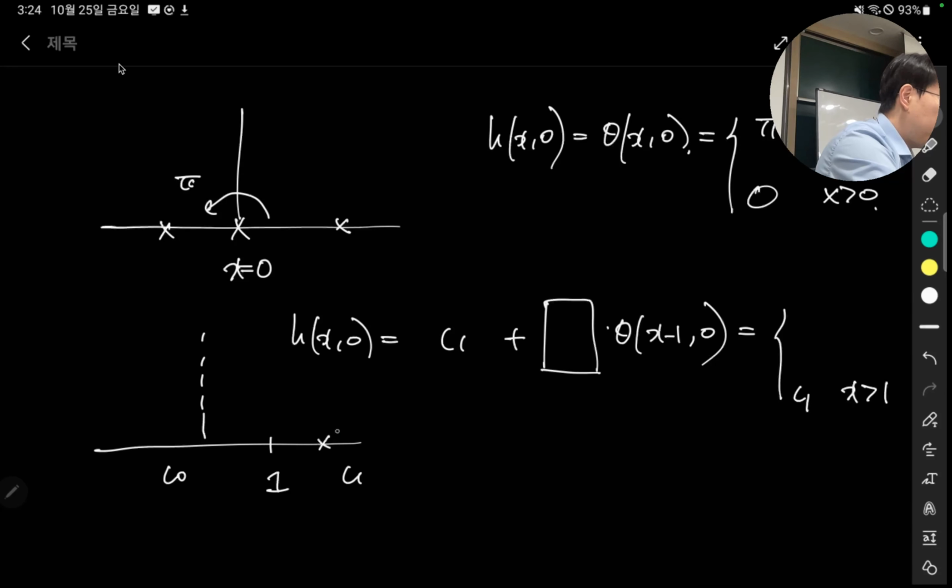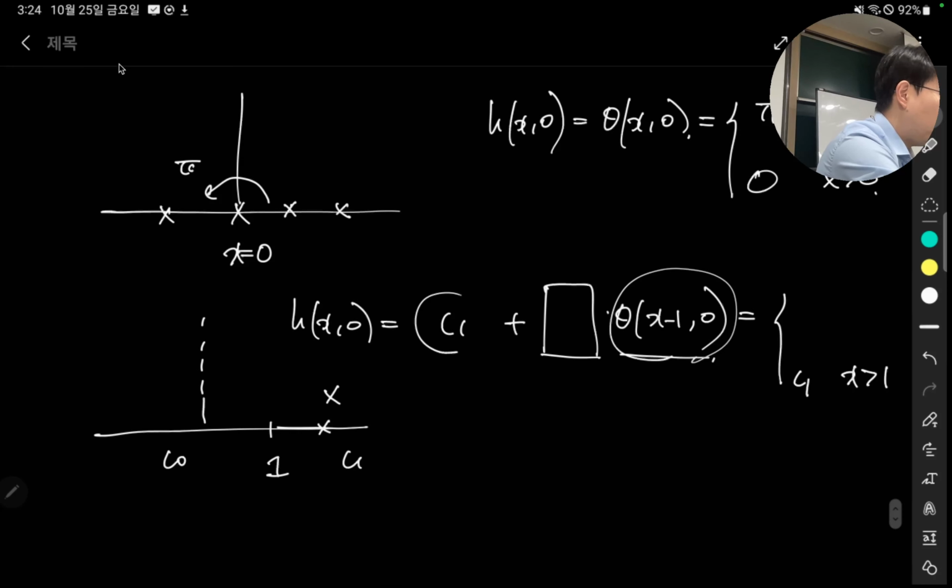So when x is bigger than 1, what's the theta of this function? x minus 1 is always positive. So it's the same thing as having a point translated by 1, right here. On the right-hand side of x equals 0, you have 0 as the theta value here. So it always gets C1 because you have C1 added here.